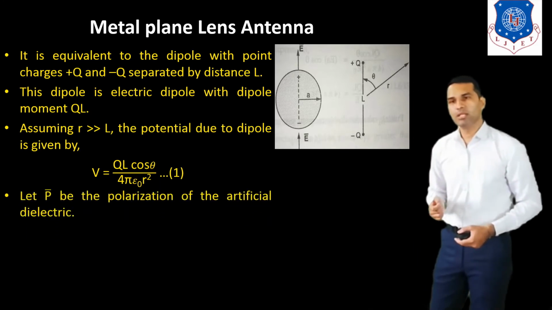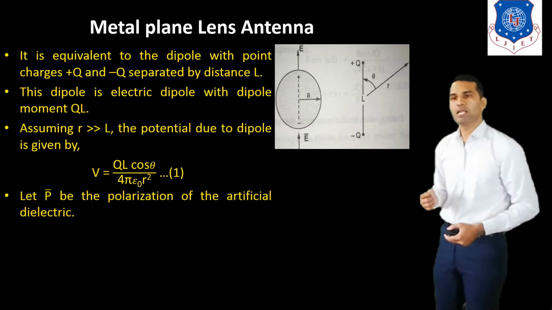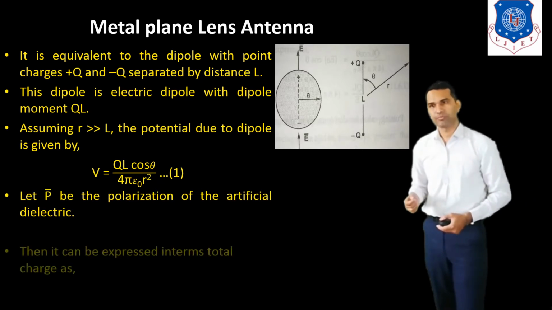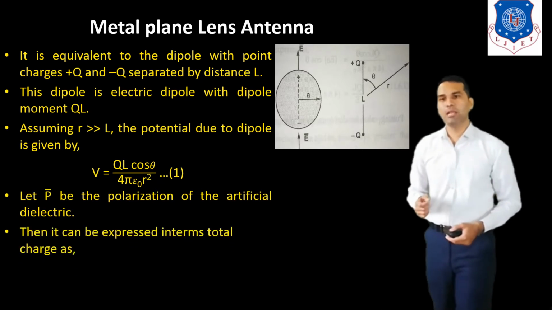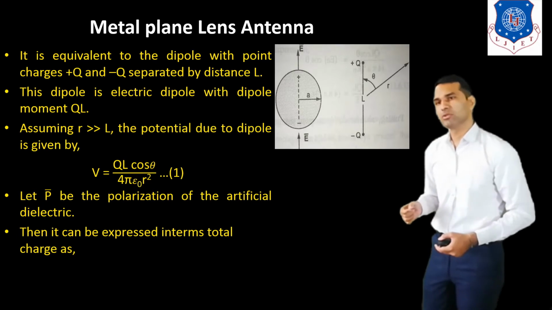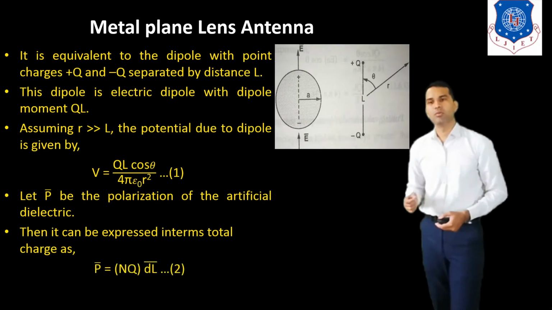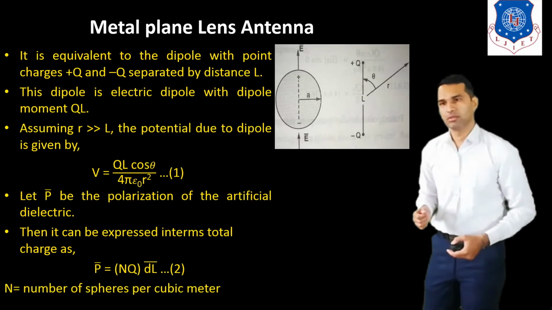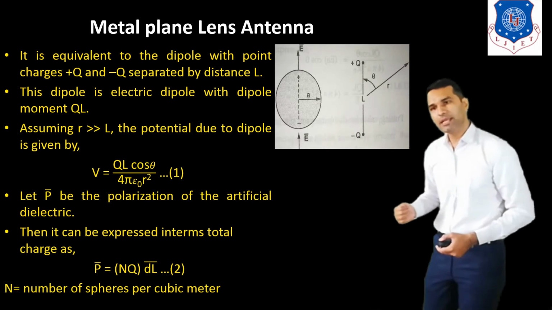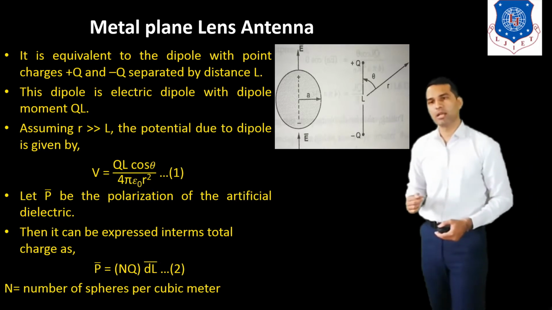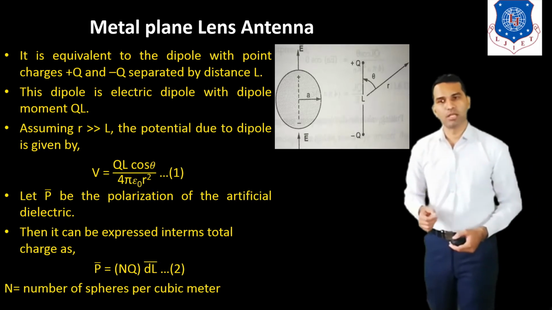Now let P be the polarization of the artificial dielectric. Then it can be expressed in terms of total charges as P equals N q into dl. Here N indicates the number of spheres per cubic meter.